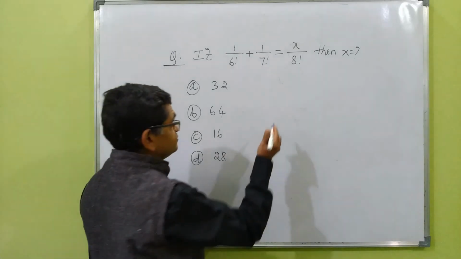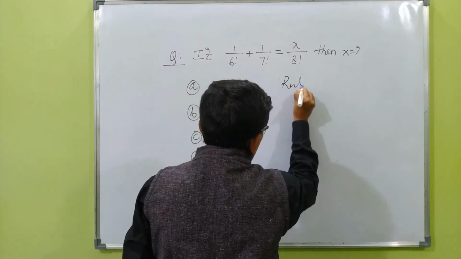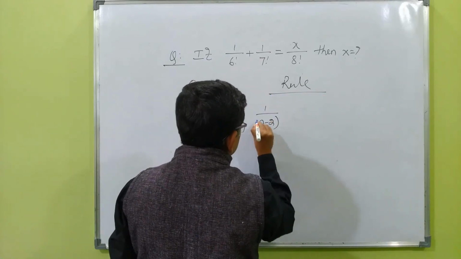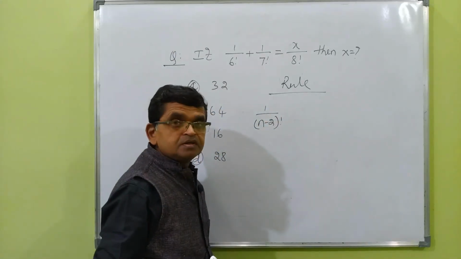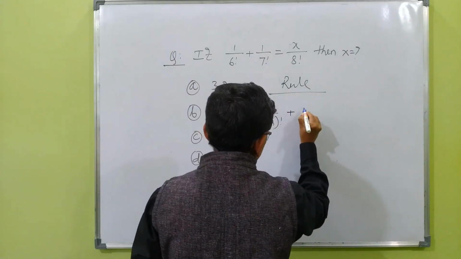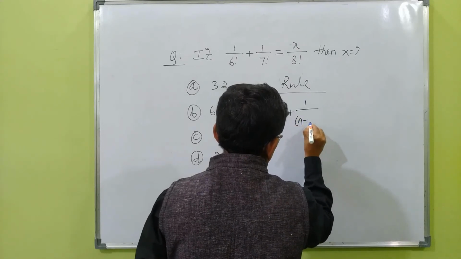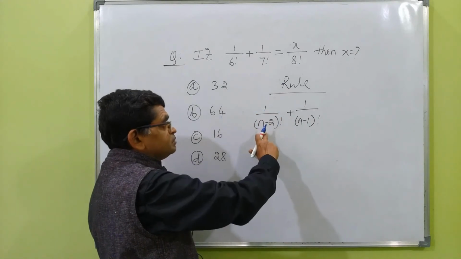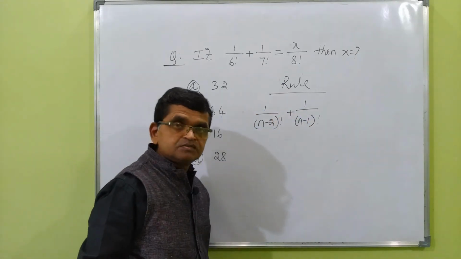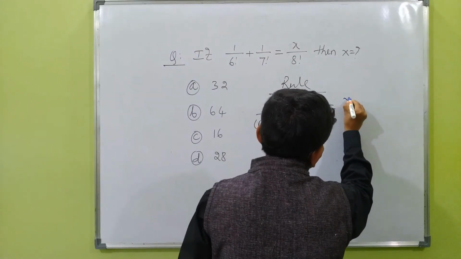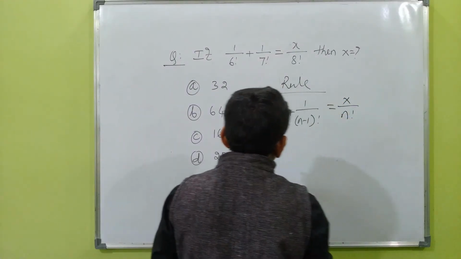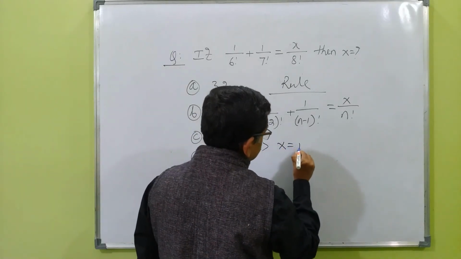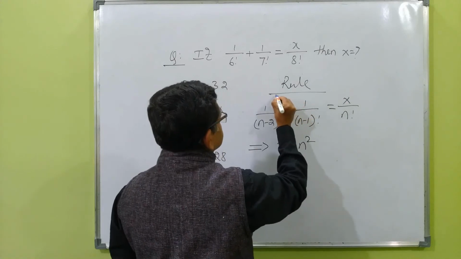So the rule is, if 1 by n minus 2 factorial plus 1 by n minus 1 factorial is equal to x by n factorial, then this implies x is equal to n square. This is the rule.